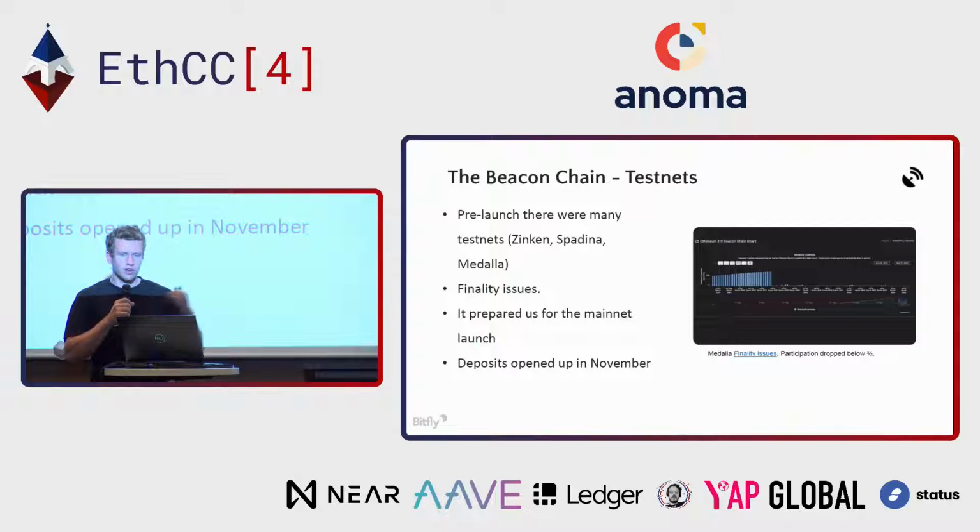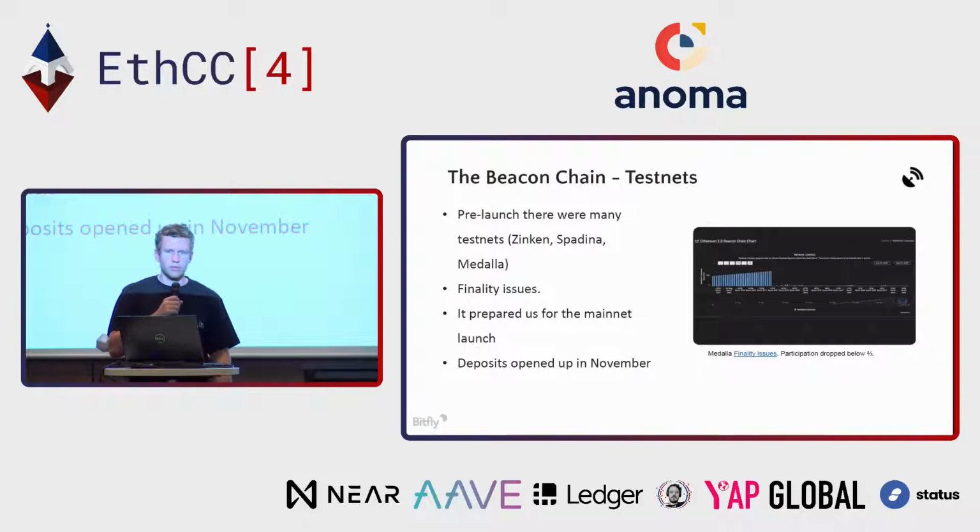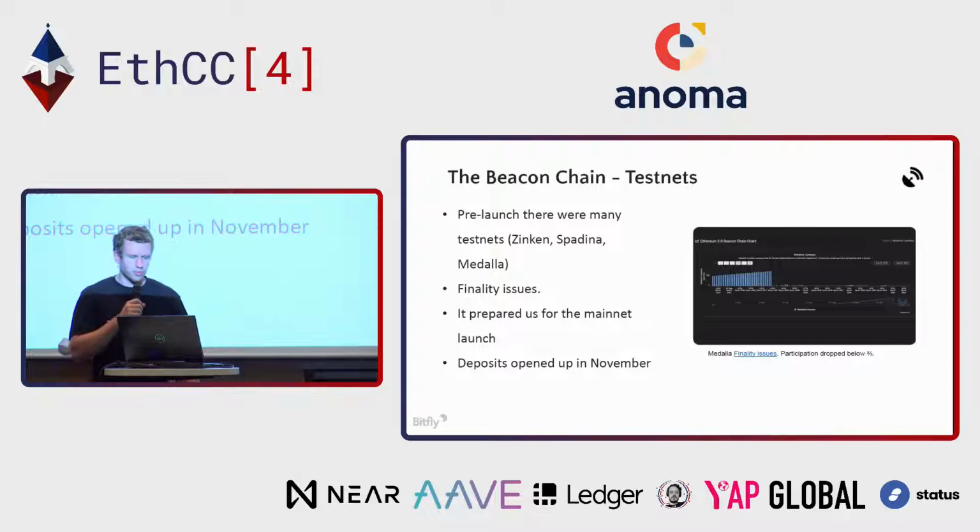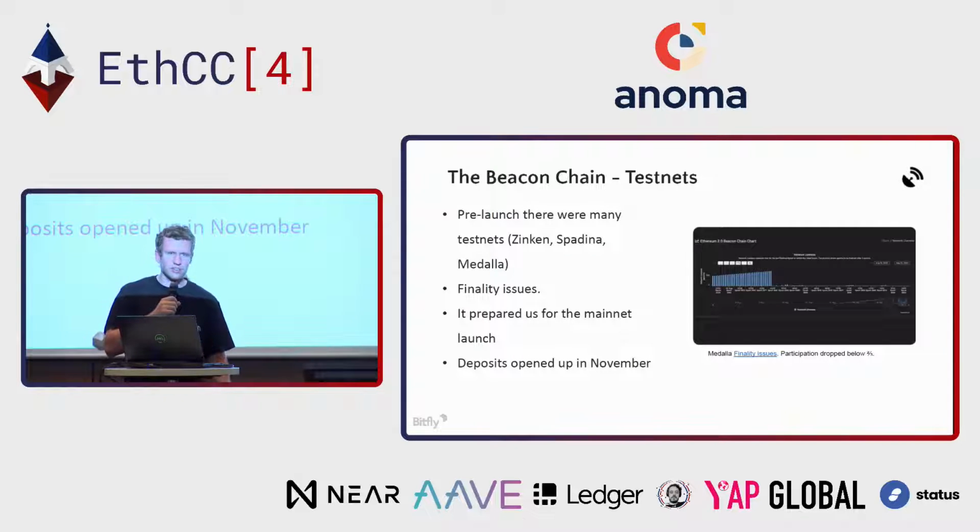It had a clock issue with, I think, Cloudflare, and then I think half the network went offline. So far in the mainnet, we did not have that, luckily. But all of these testnets prepared us quite well for the mainnet launch, and so far, more than half a year in, it's been working quite smoothly.